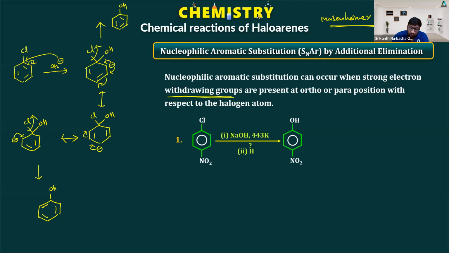Yes or no? So nucleophilic aromatic substitution can occur when strong electron withdrawing groups are present at ortho and para positions with respect to halogen, because at ortho and para we are accumulating negative charge. If you have strong electron withdrawing groups at ortho and para, they will withdraw the negative charge, they will withdraw the electron density, thereby increasing the stability.